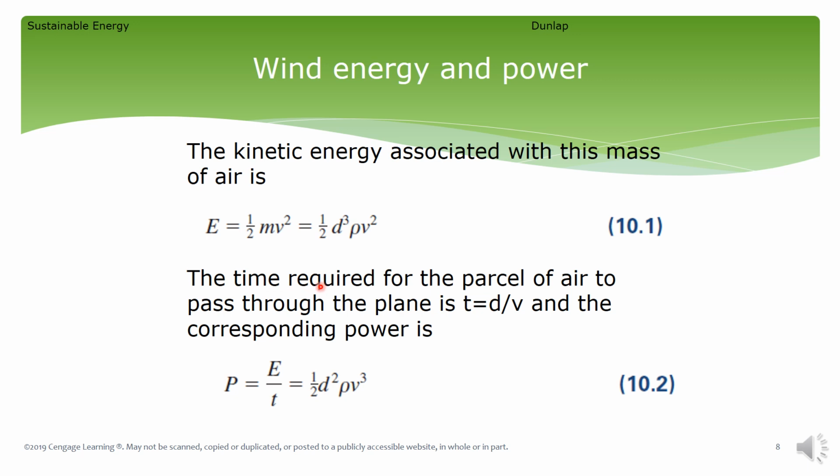The time required for the parcel of air to pass through the plane is T equals d per v. d is the length of the cubic parcel, and v is the velocity of the cubic parcel.